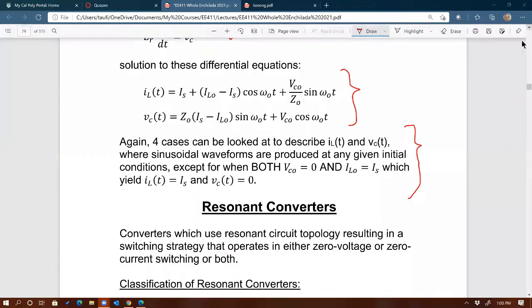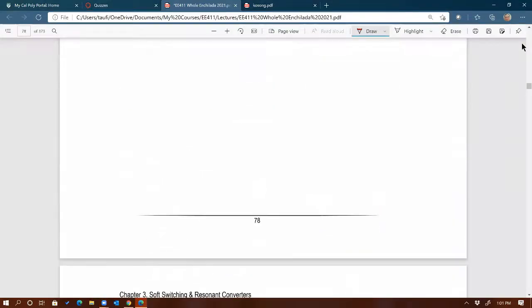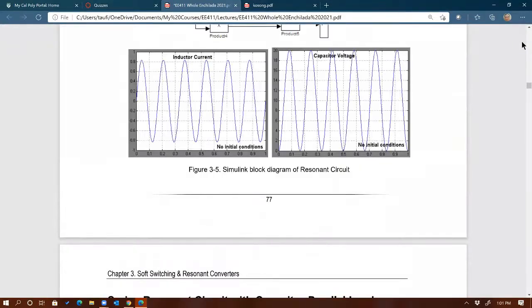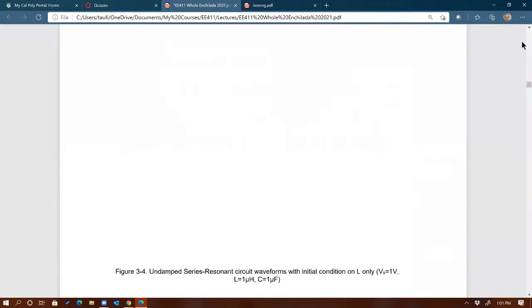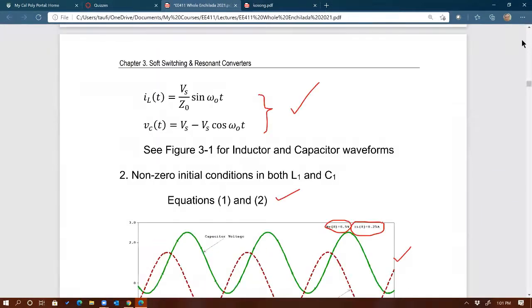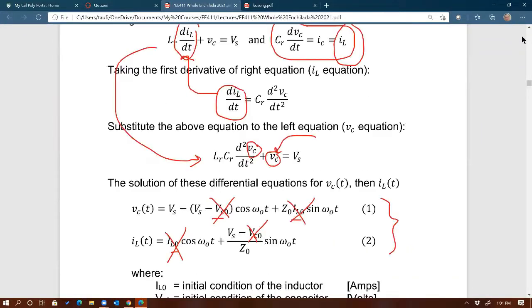You have to be careful of the offset, right? Because yes, the shape is sinusoidal, but if you have a certain offset, then it's kind of useless, because then that current will never cross zero.